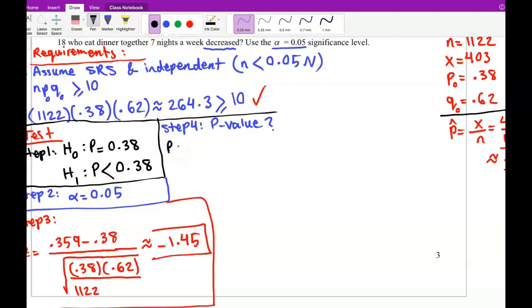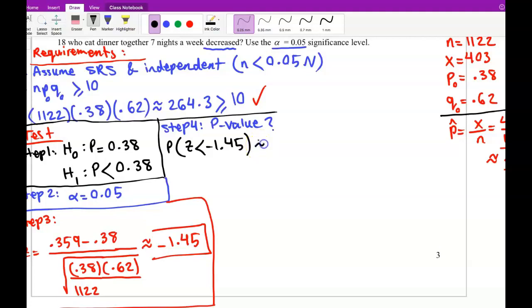What that means is finding the probability when z is less than negative 1.45, so this is from step 3. Using the table, the answer is 0.0735.